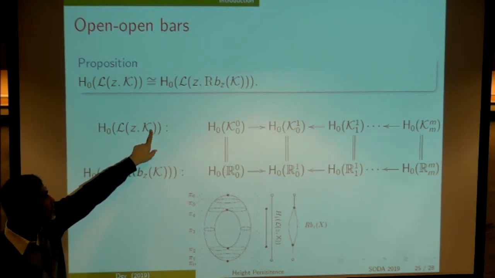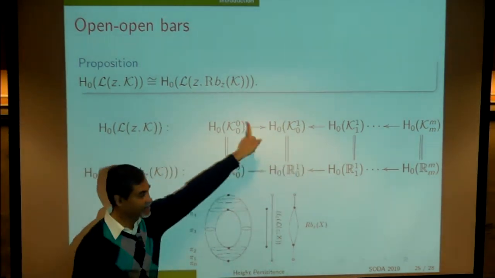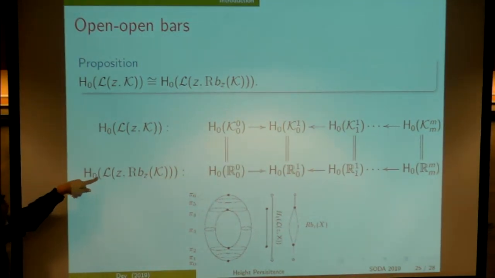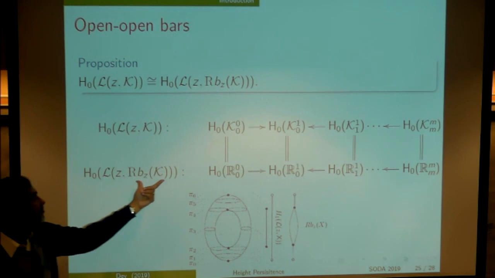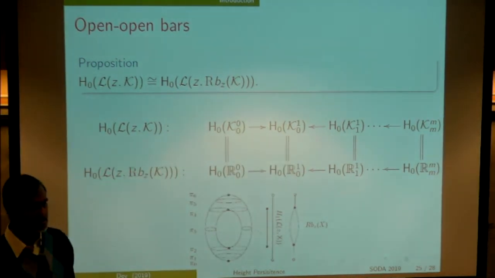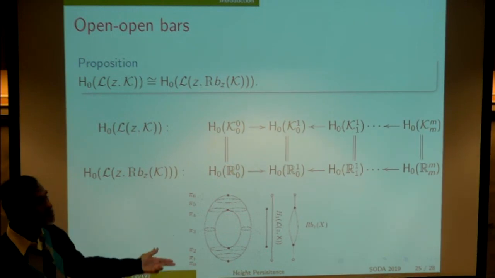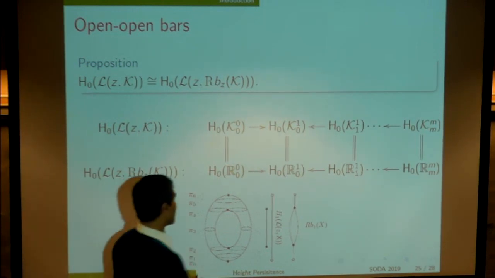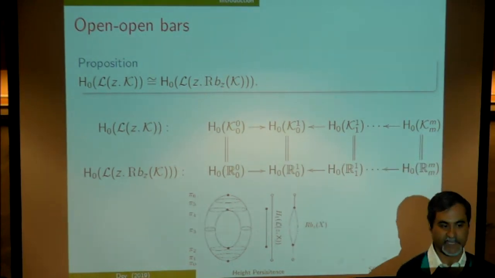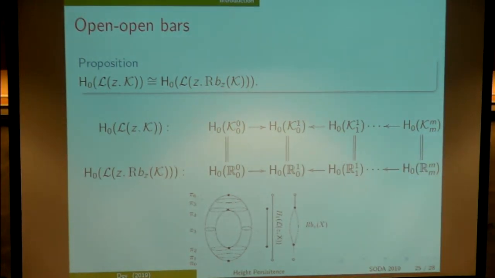One can show that this module is equivalent to the H0 level set zigzag persistence for the Reeb graph, because of equivalence. So I can operate on the Reeb graph. From this one, you compute the Reeb graph, then from the Reeb graph you extract the bars and take only the open bars. And that completes all the bars for H1.